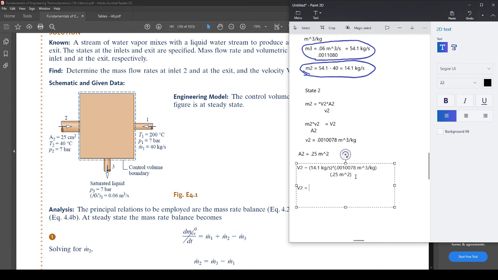I got 0.05684. I rounded up to 4 meters a second. So you said point what? 0.05684 meters a second. No, so Tanner was correct here. Remember, for area, we have to multiply it times each other.